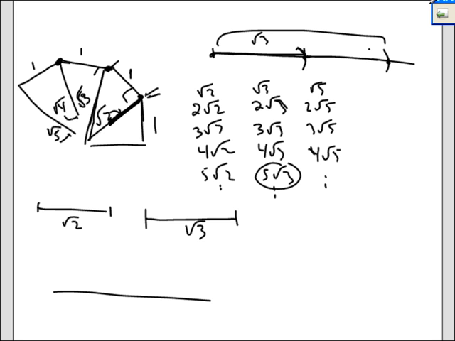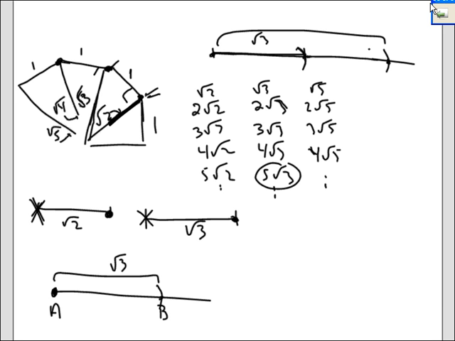So I draw a line, put A here, compass needle here, pencil at the end. Put the compass needle at A, draw my arc, that's B. From A to B is square root of 3. Now, I put my compass needle here, so this whole distance, square root of 3. Put my compass needle here, put my pen mark there.